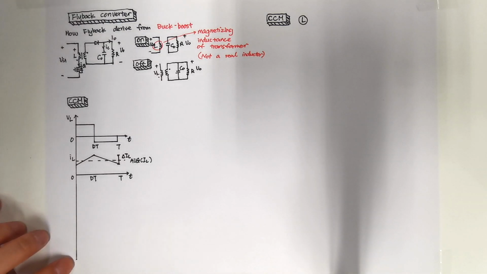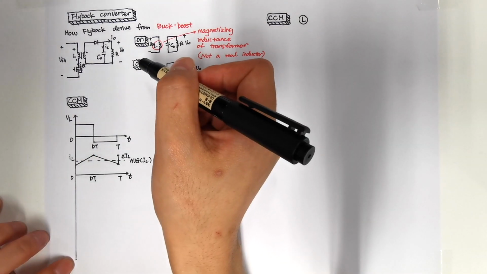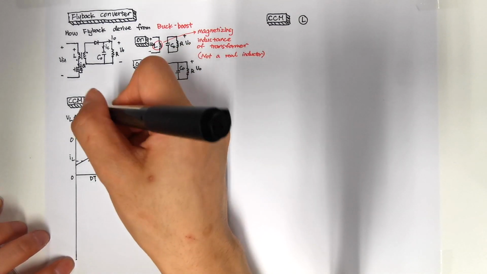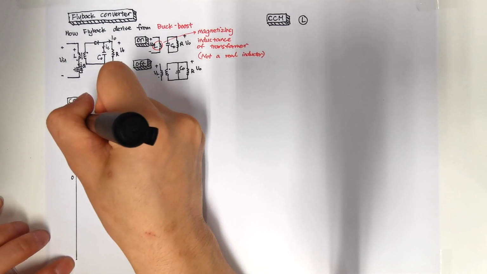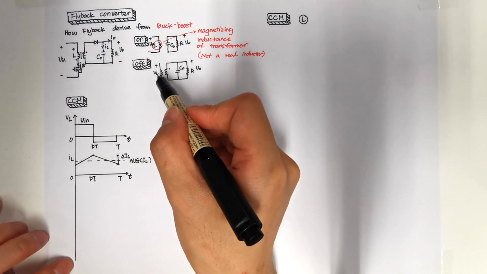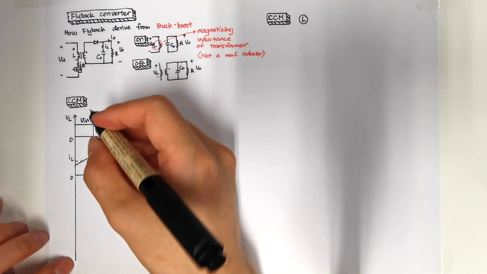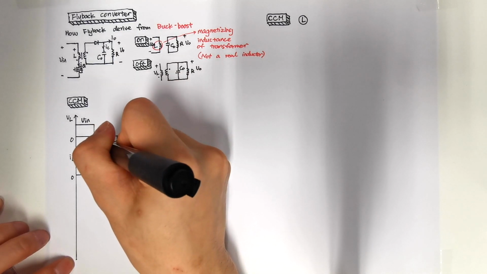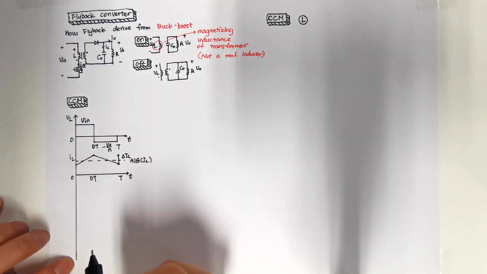This is the voltage waveform of our inductor, and when the converter works in the on state, the voltage on the inductor is Vin, and when it's in the off state, we can use the secondary side to calculate this. So the voltage on the inductor is minus Vout divided by N.